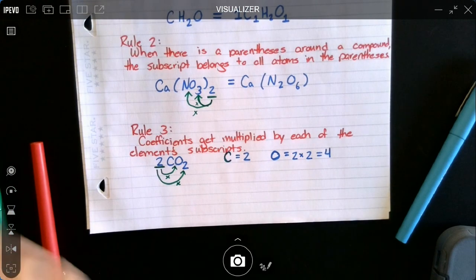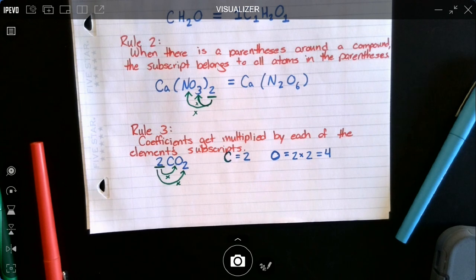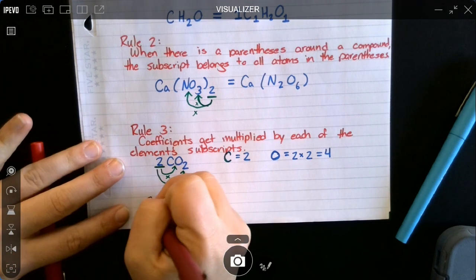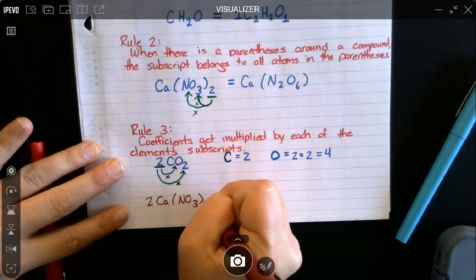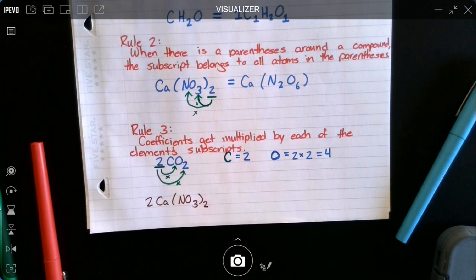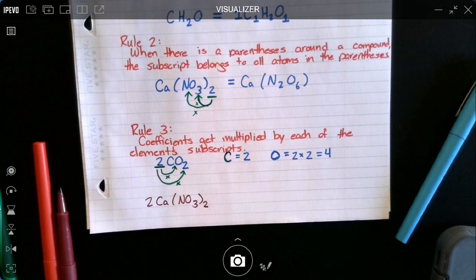The last step to this would look like this. This is the biggest compound you could get to here in terms of different things that can be thrown at you when it comes to counting. When you have this, I find that the easiest thing to do first is go ahead and get rid of your parentheses.